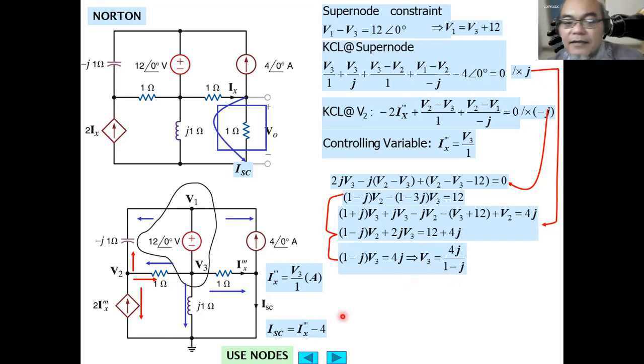Then I short circuit equals Ix triple dash minus 4, which is minus 4 plus 8J divided by 1 minus J.